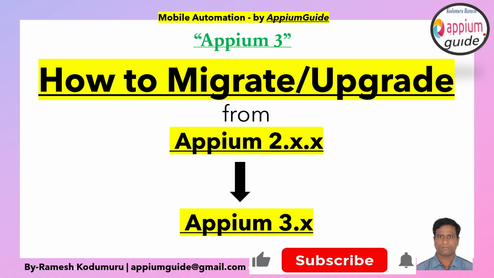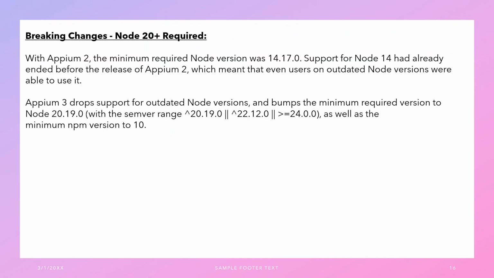Okay, and the first most important breaking change is that the required Node version should be Node 20.x plus. Means the version of Node installed in your system should be Node 20 or above. If you read this, one of the breaking changes is very important in Appium 3.